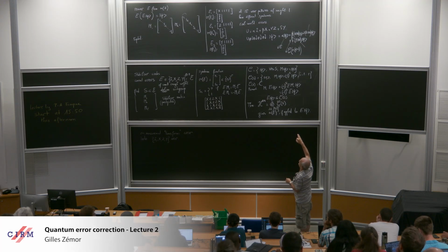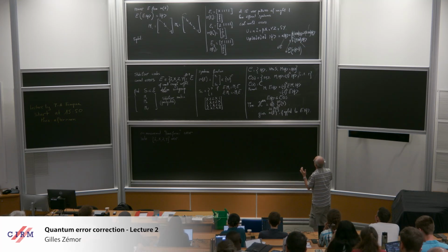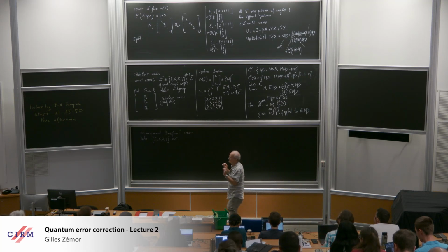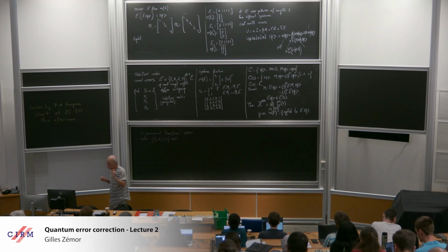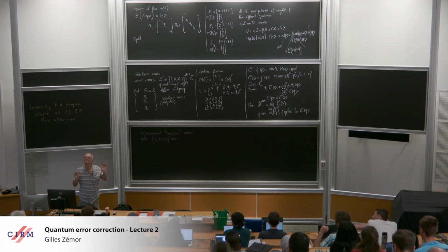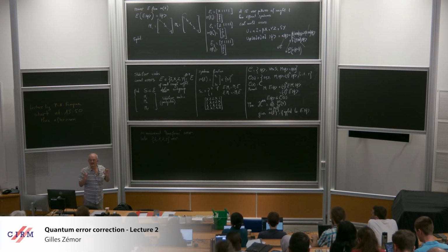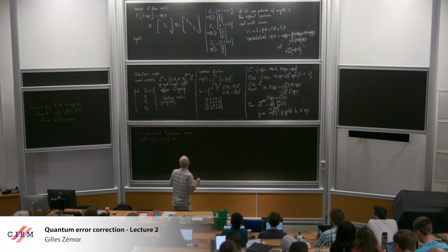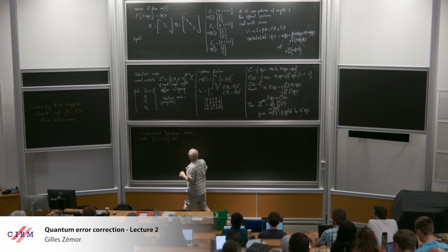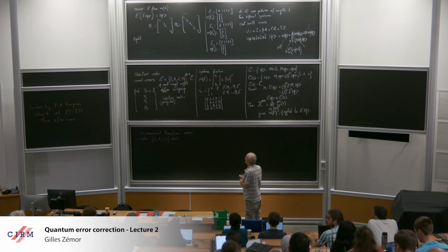We'll get slightly more messy components, but we'll get a dominating component which will, again, correspond to a very specific error, meaning that up to small noise values that I don't want to delve into, basically everything will happen as if we had a pure identity, X, Z, or Y error. Okay.